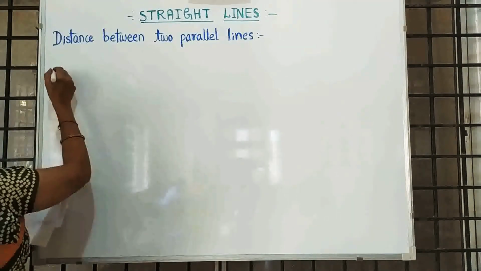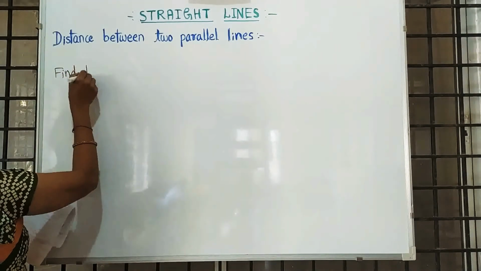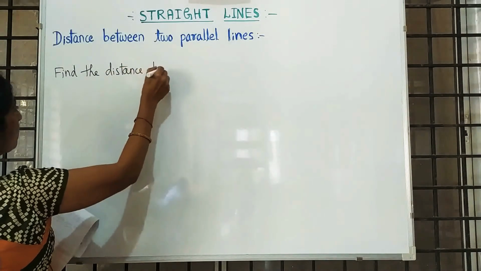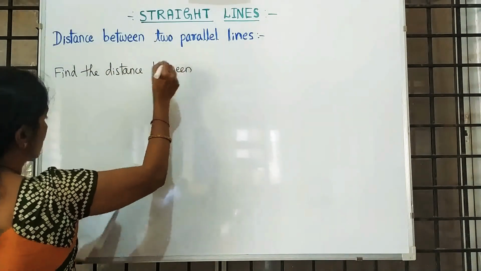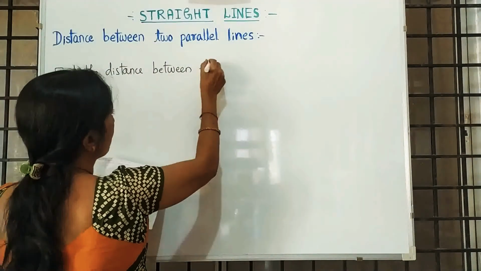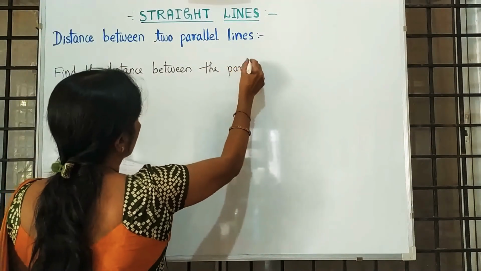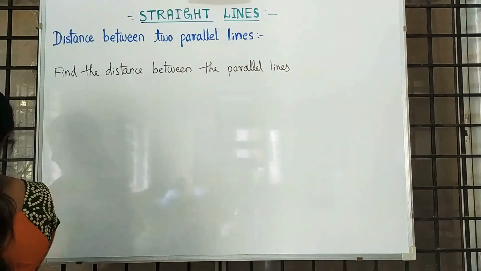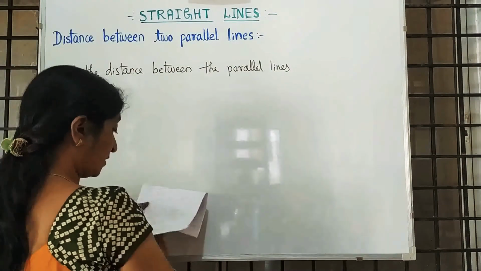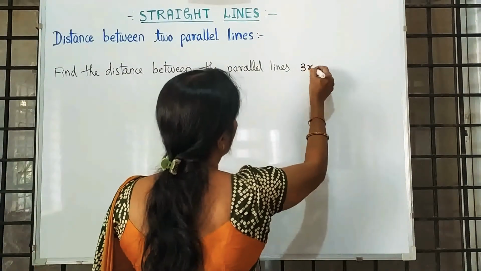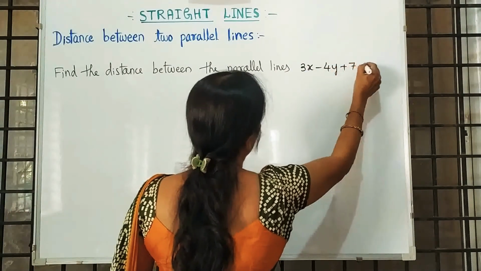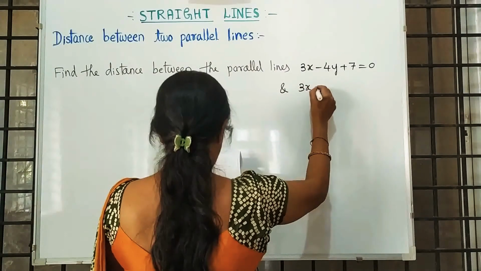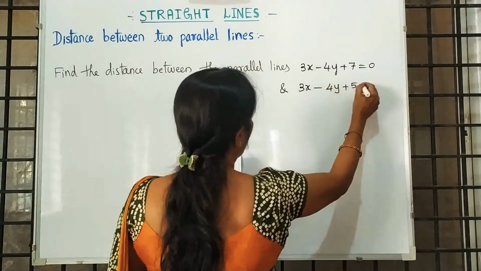Find the distance between the parallel lines 3x minus 4y plus 7 is equal to 0 and 3x minus 4y plus 5 is equal to 0.